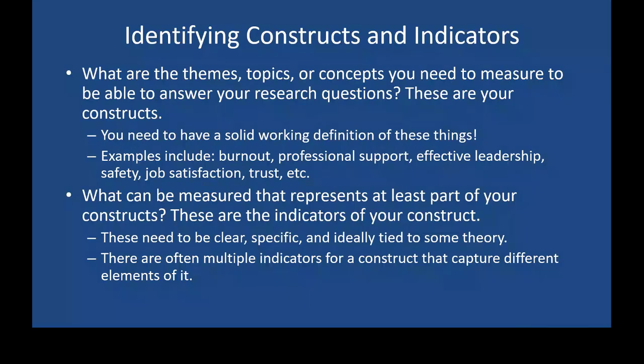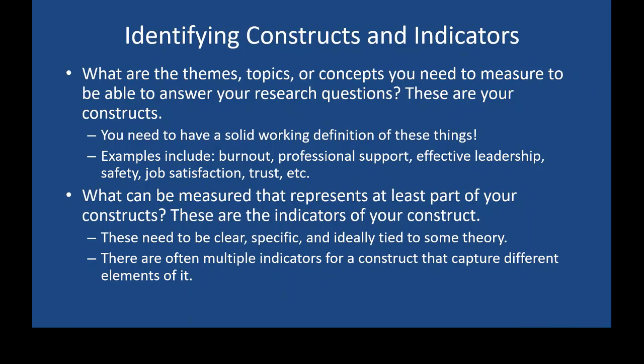Then once you've got this set of constructs, what you then want to think about is, okay, so what pieces of information will tell me about my constructs? So these little pieces of information that tell you about your construct are what we call indicators. They're often narrow, right? And you want them to be. You want them to be clear. You want these things to be specific.